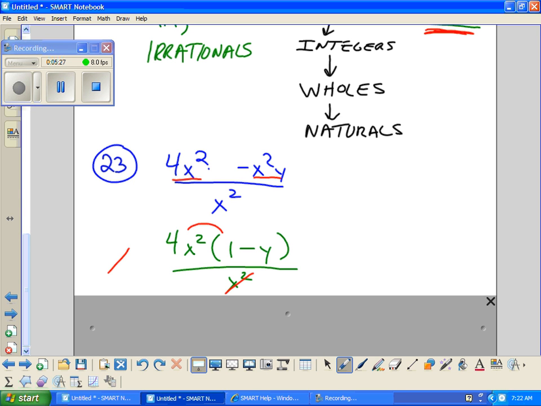If I was to distribute it, 4x squared times y would be 4x squared y. Actually, I can't pull the 4 out, so we have to put the 4 in. That's why we check. So x squared times 4 minus y works. So what can I cancel now? I can cancel the x squared. And the answer is 4 minus y.